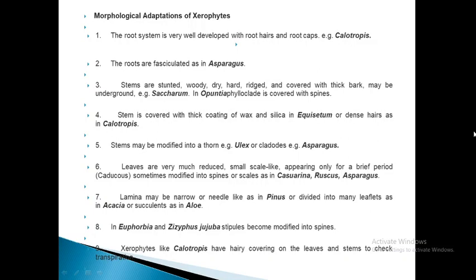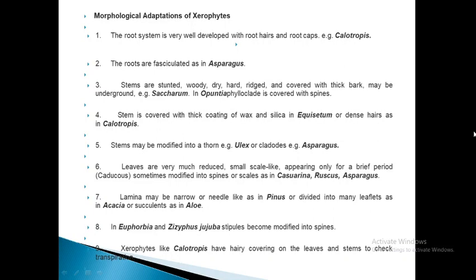These are the examples. In xerophytes, the lamina may be narrow or needle-like, as in Pinus, or divided into many leaflets, as in Acacia, or succulent, as in Aloe. These are the morphological adaptations of xerophytes.